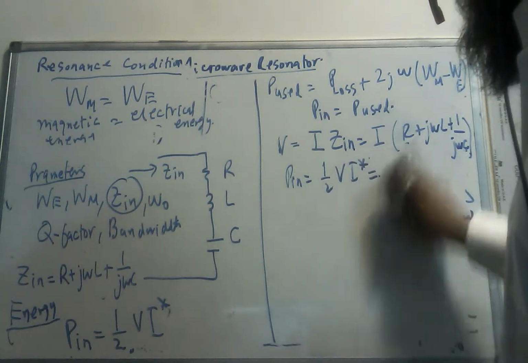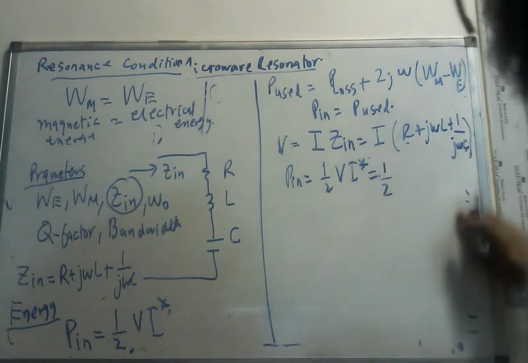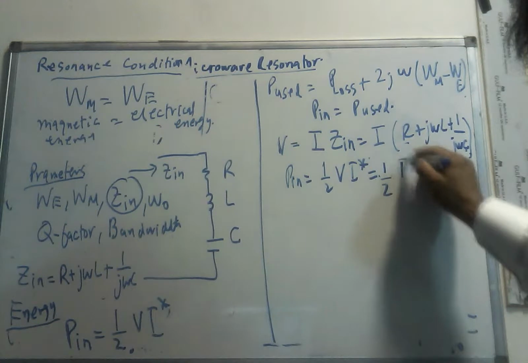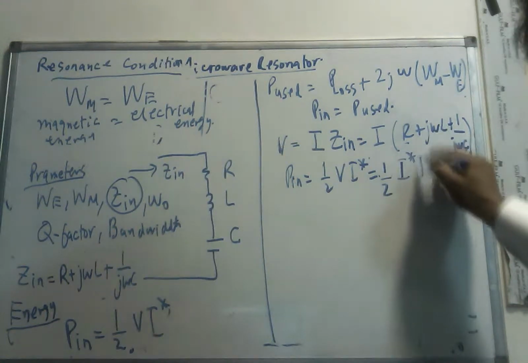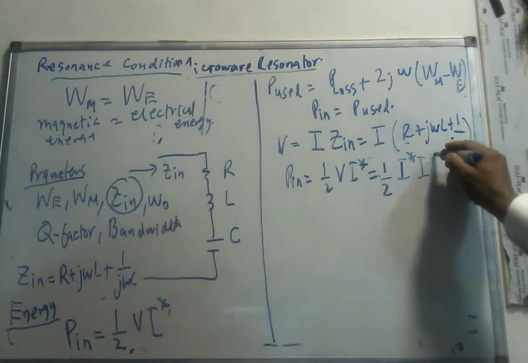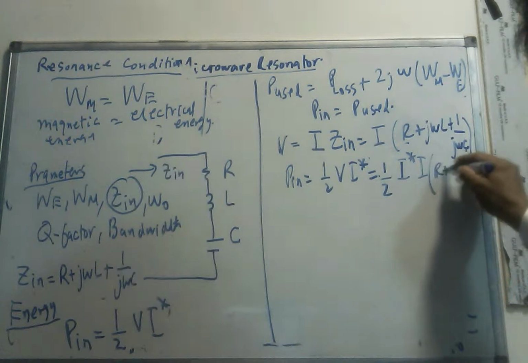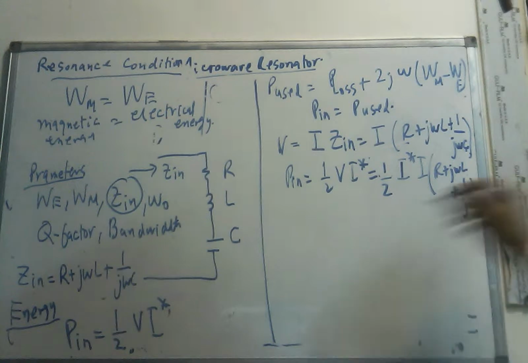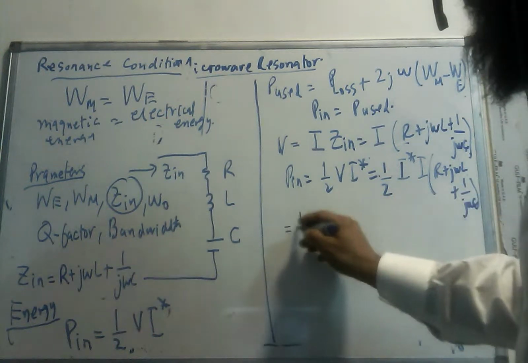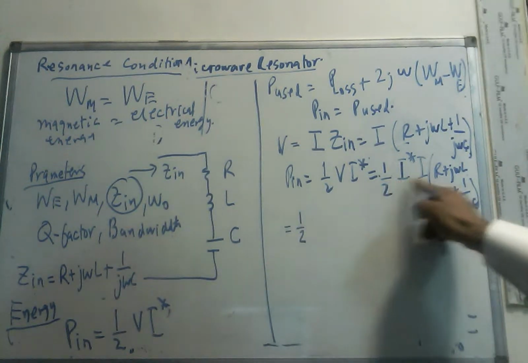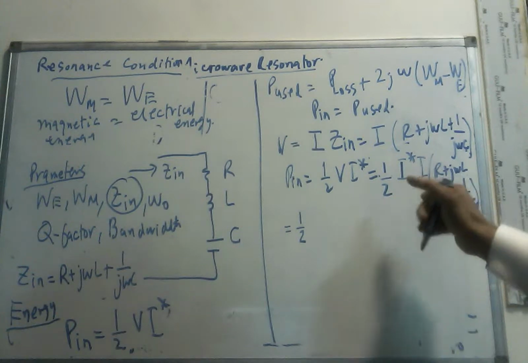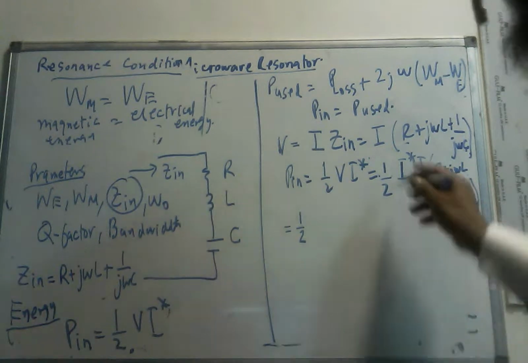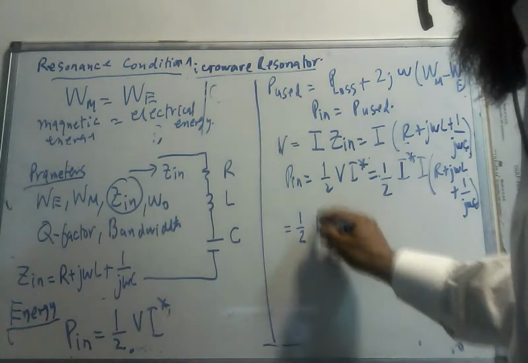So this is equal to 1 over 2 I conjugate times I, multiplied by R plus j omega L plus 1 over j omega C. A complex number multiplied by its conjugate is equal to the magnitude squared.